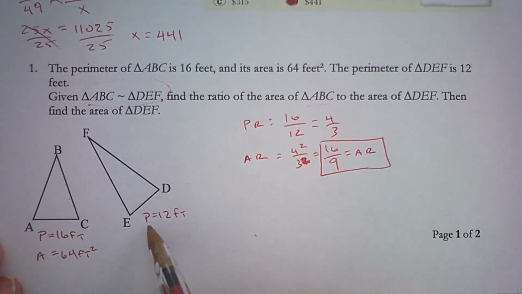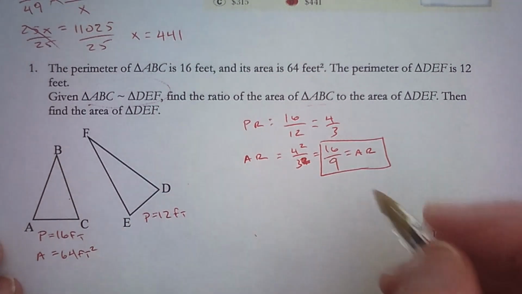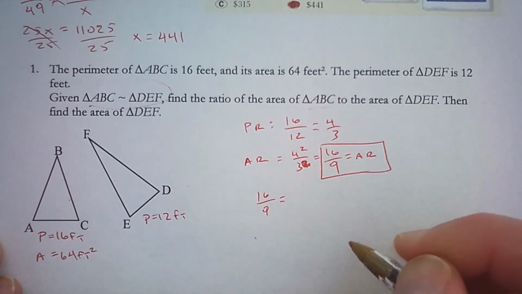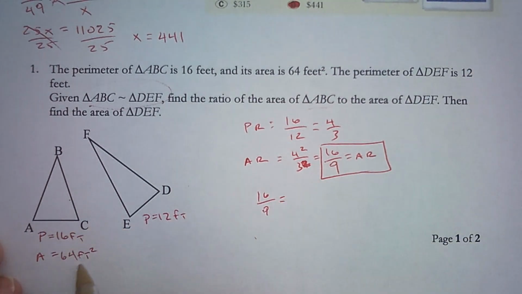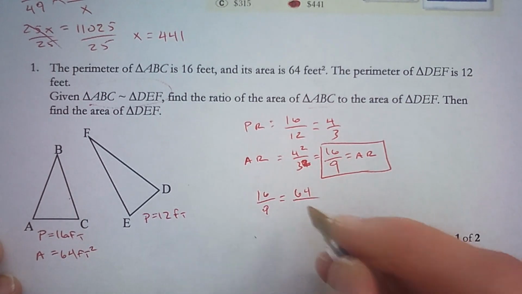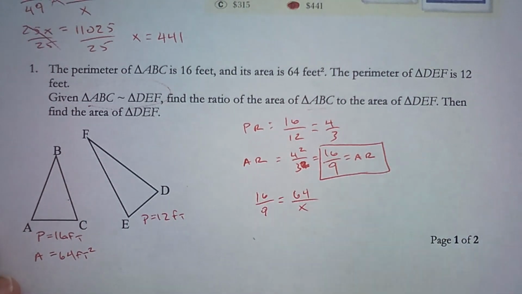Now find the area of triangle DEF. So I have an area ratio of 16 over 9, so 16 is to 9 as, and I've got the larger over smaller. This one has the larger perimeter, so it's going to have the larger area. 64 is to x.